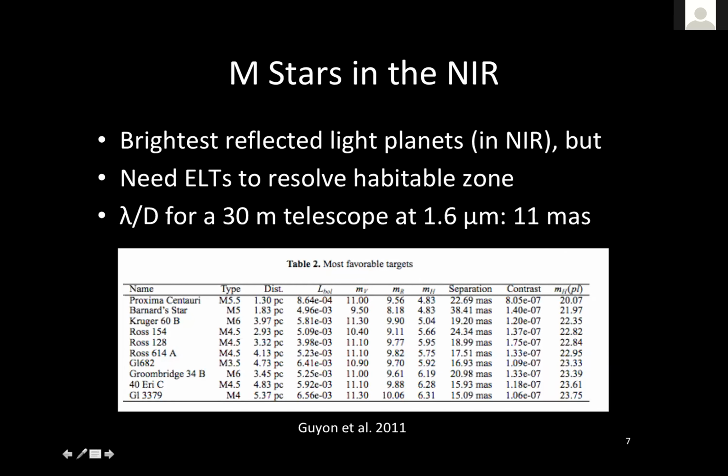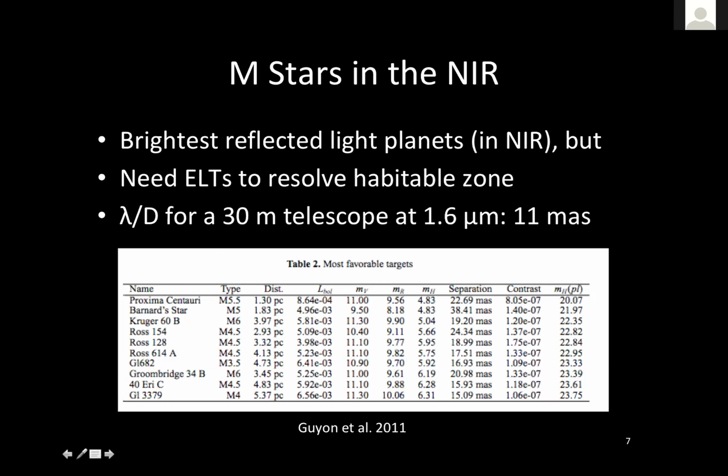So M star habitable zones is really where extremely large 30-meter class telescopes will be targeting to try and image habitable exoplanets. The resolution limit, though, for a 30-meter telescope in the near infrared is about 10 or 11 milliarcseconds.